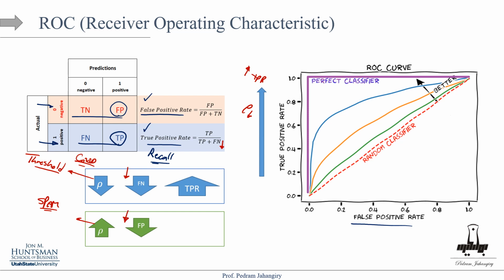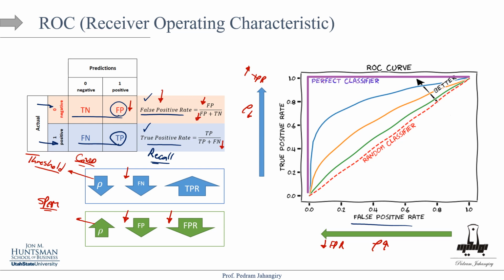If false positive is reduced, because it shows up in both the numerator and denominator, the entire thing is going to get reduced, so the false positive rate is going to decrease. And this is what we see here: as the threshold increases, the false positive rate decreases this way.